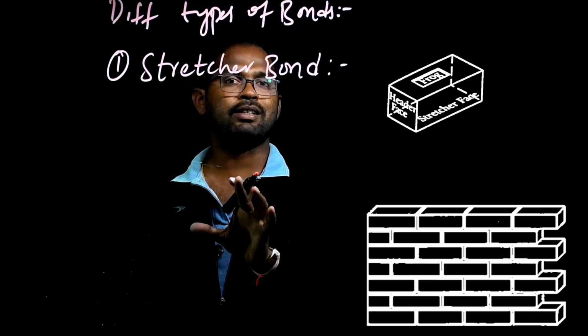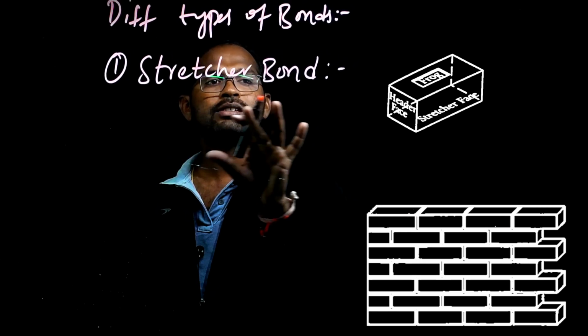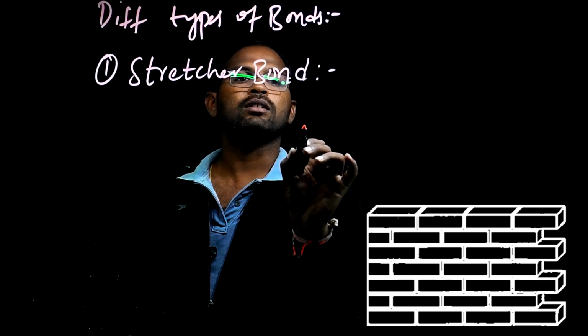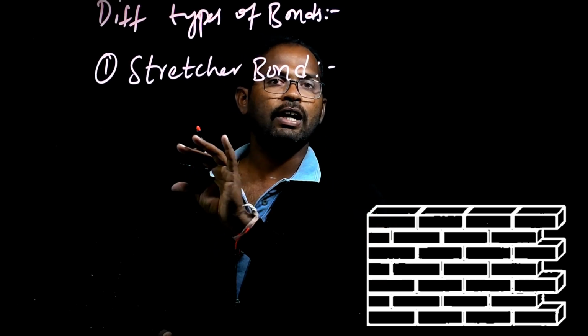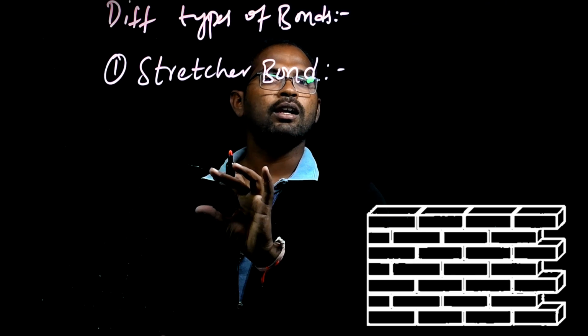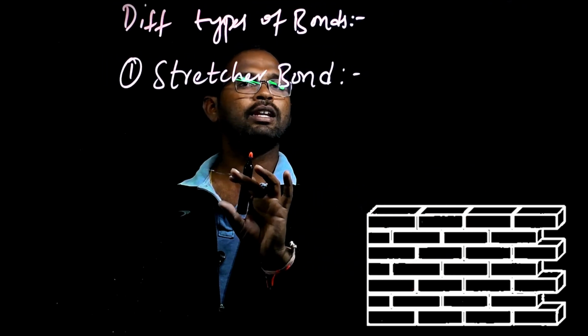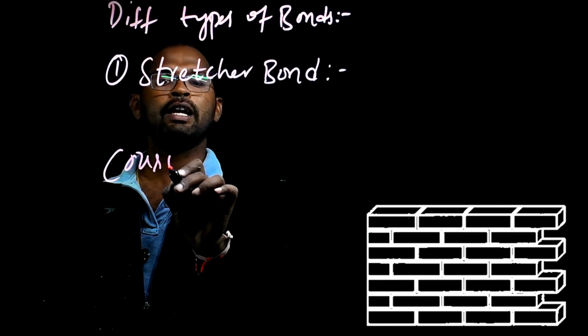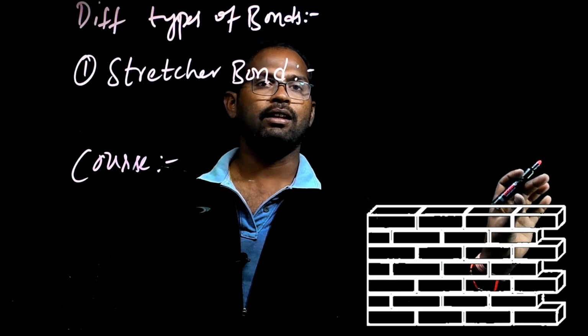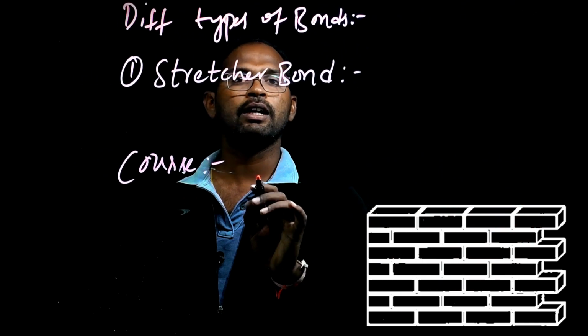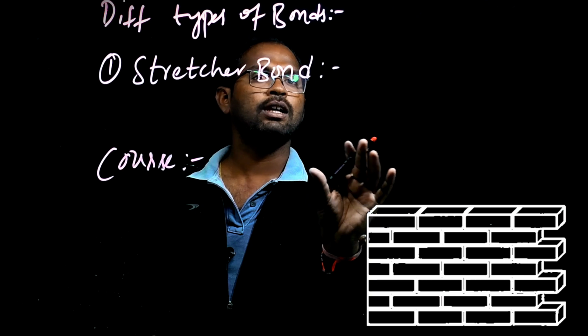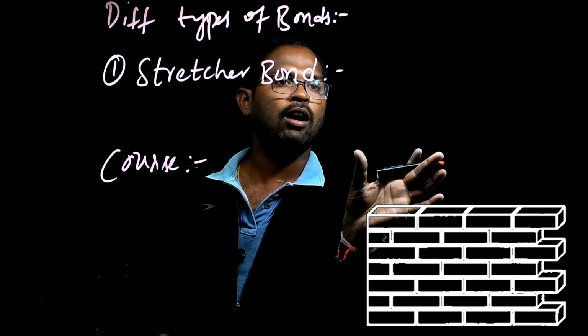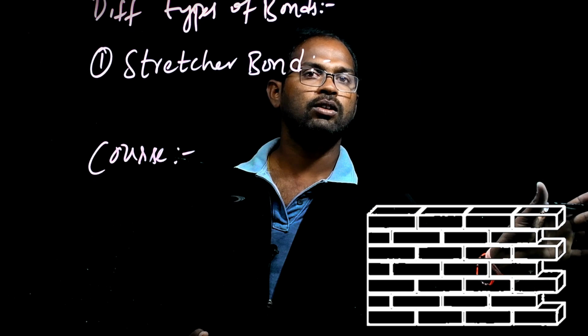Stretcher bond means we are arranging the bricks in a stretcher course only. Course means laying of bricks in one line. Stretcher bond means we are arranging the bricks along the length in a course. See, this is the animated diagram of the stretcher bond.